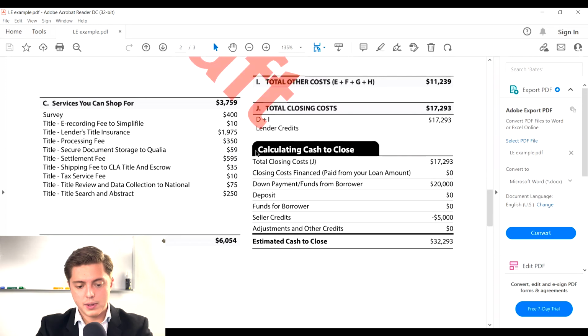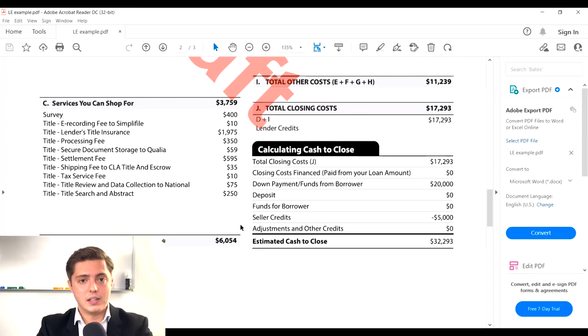So this is where we get calculating cash to close. This just adds all of these different line items together, subtracting if they're negative, and then we get your estimated cash to close. And again, this is an estimate because a lot of this stuff we don't know upfront. We don't know really any title fees upfront, because we almost always send a loan estimate within 3 days, usually within a day or two of you getting into contract on a home.